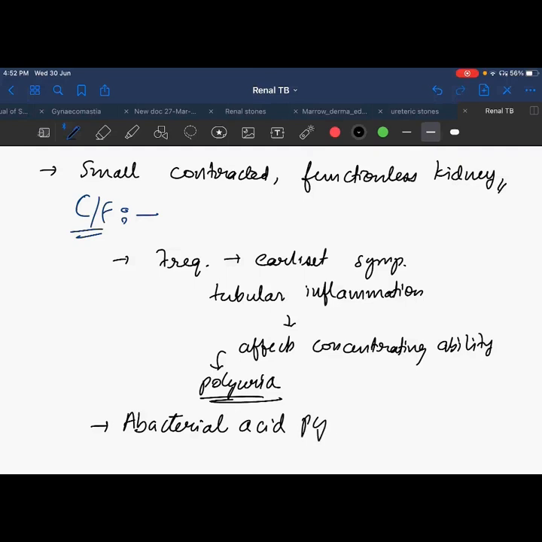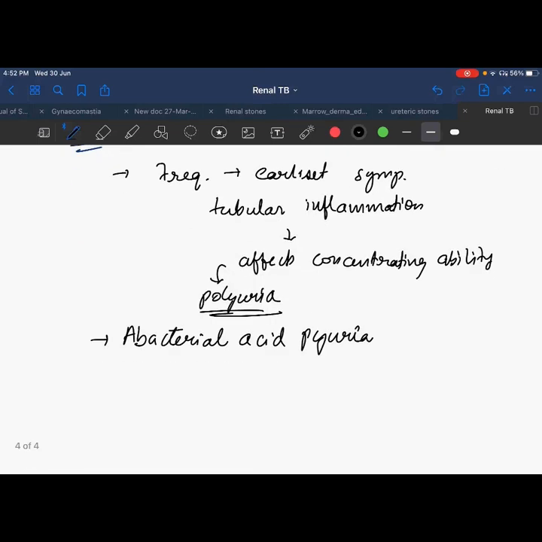Then, there is something known as abacterial acid pyuria. What is it? The name itself says it. Abacterial: the urine does not contain any bacteria. And acid: the urine is slightly more acidic than normal.